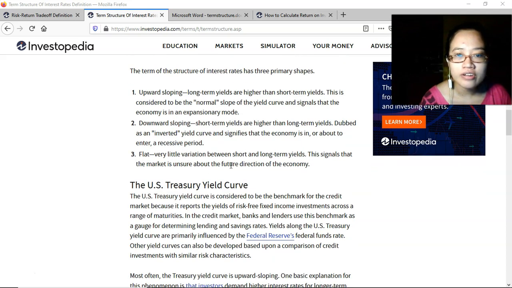Flat: very little variation between short and long-term yields. This signals that the market is unsure about the future direction of the economy. So, there's not much difference between long-term and short-term maturities of investments. They're essentially having the same yield.